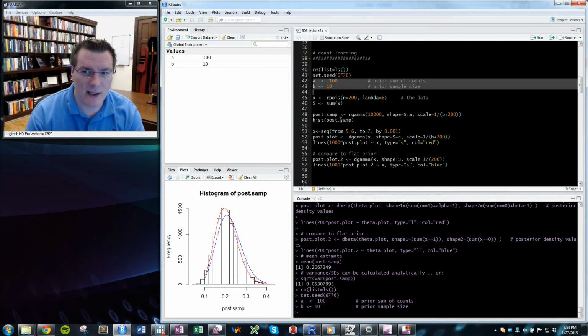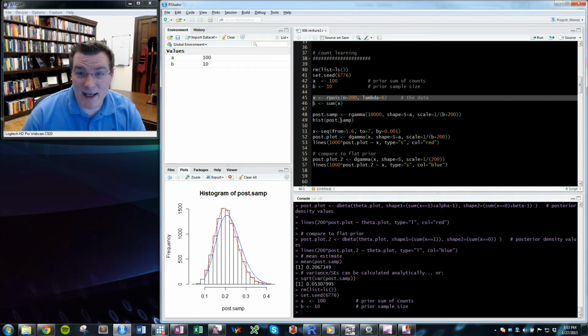For example, all 10 events could have a count of 10. Or one of them could have 100 and the rest all have 0, although that's quite unlikely. That's the information I am embedding into my prior. And that effectively means I'm assuming, on average, a count of about 10 events will occur per observation.